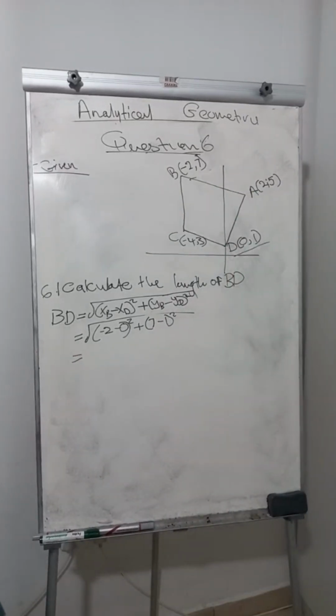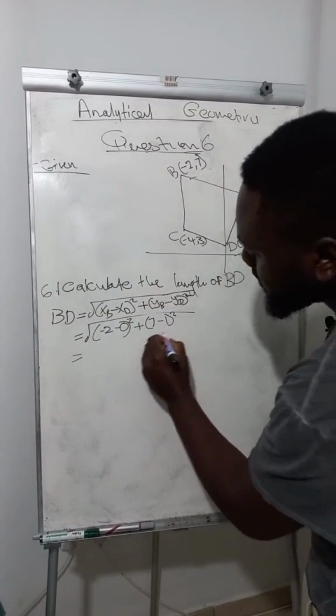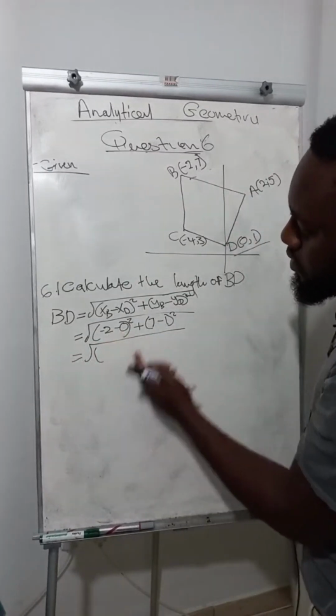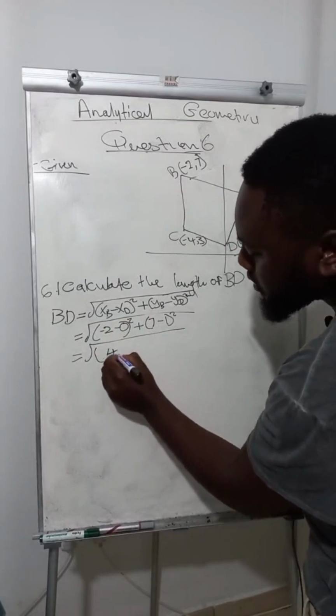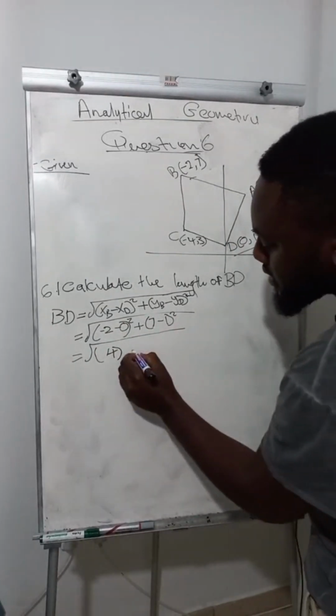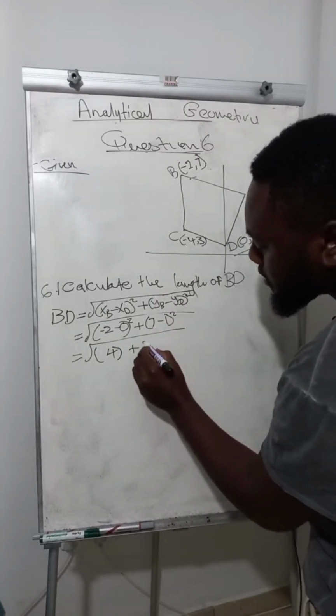There's my calculator. Let's first simplify. Here it's -2 minus 0, squared, which gives you 4. And then 7 minus 1 gives you 6, and 6 squared is 36.